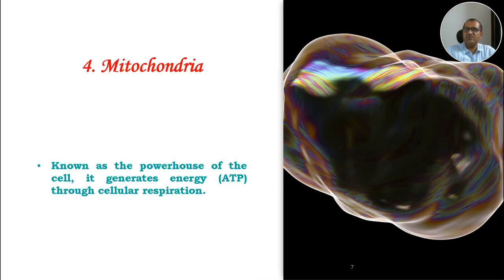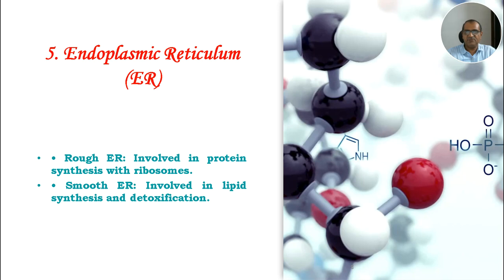Then the genetic material is also floating, whereas the mitochondria is known as the powerhouse of the cell, and it generates the energy, especially in the form of adenosine triphosphate or ATP through cellular respiration.